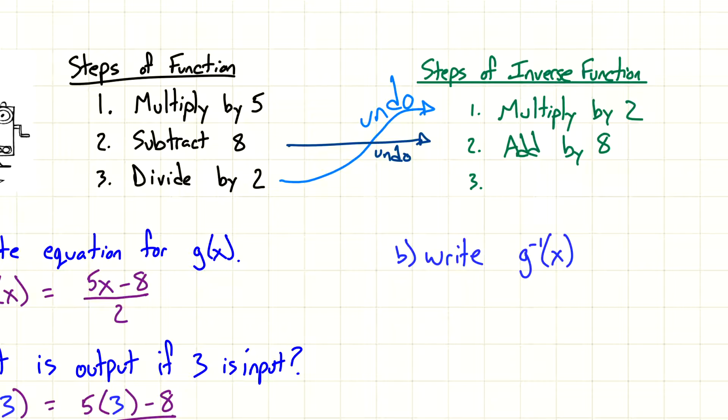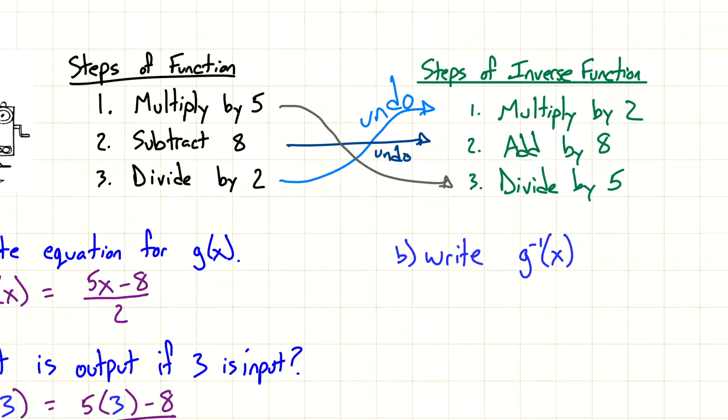And then the last step for us is going to be the opposite of multiplying by 5, which is going to be divide by 5.